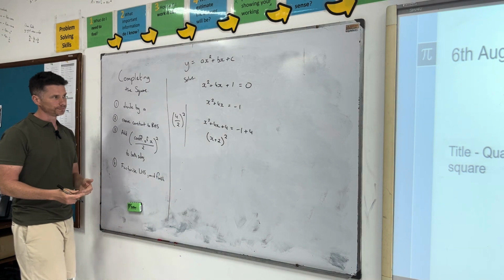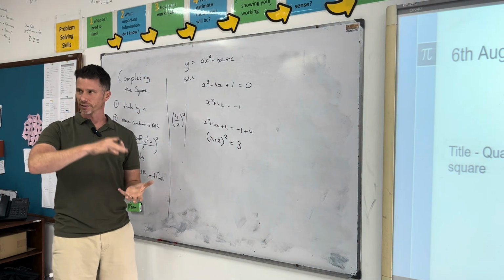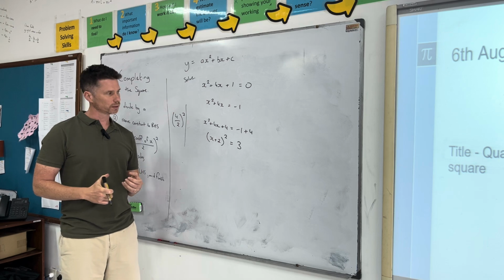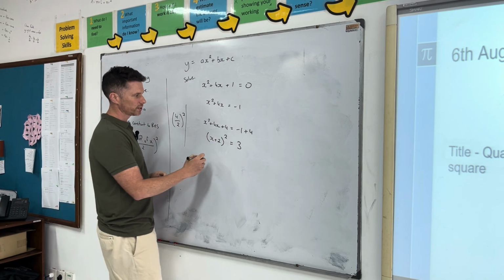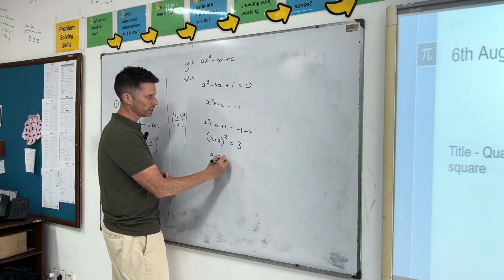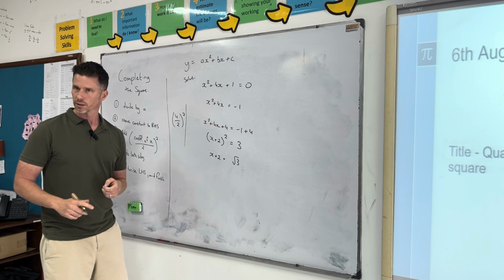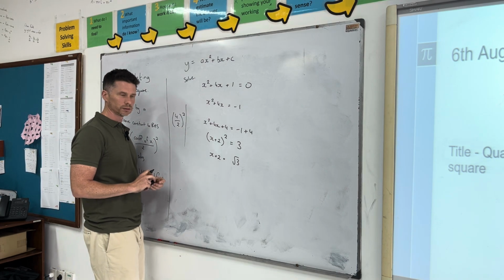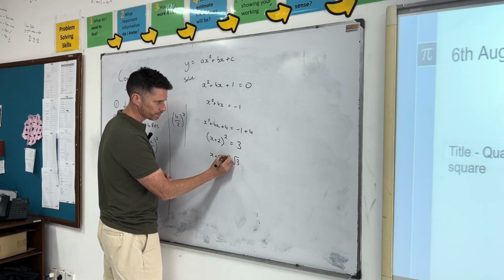What does that equal? 3. And this is coming back to the start of the lesson. How do we finish a question like this? Square root both sides. x plus 2 is equal to the square root of 3. Is this plus or minus? Square root? Plus and minus.